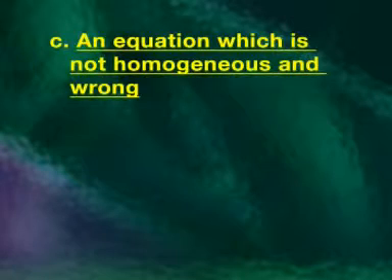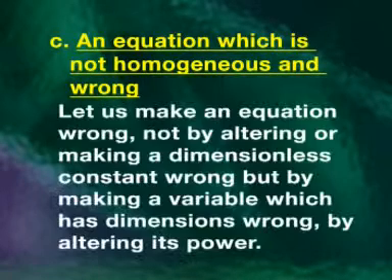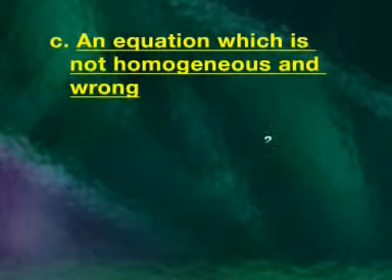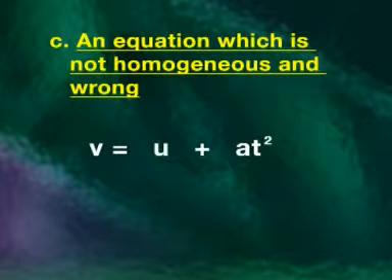Now we would also want to consider an equation which is not homogeneous and wrong. Let us make an equation wrong, not by altering or making a dimensionless constant wrong, but by making a variable which has dimensions wrong by altering its power. Let's consider the equation v equals u plus at squared.